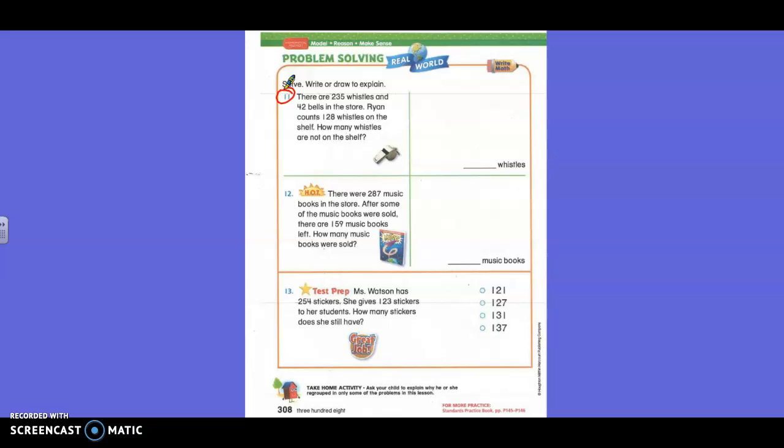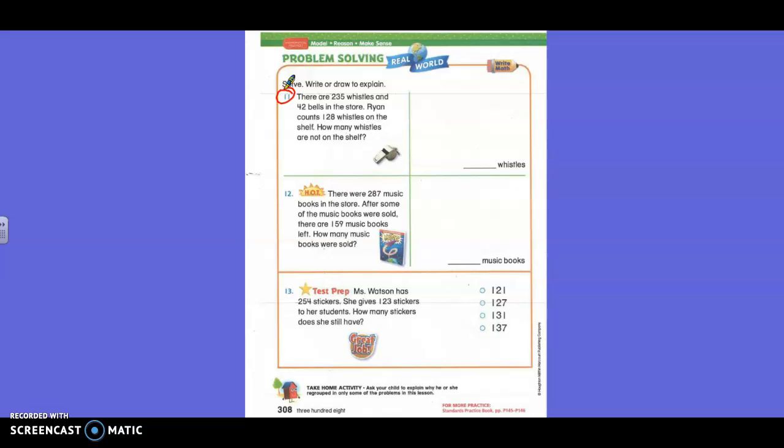So let's figure out on number 11, what information do we not need? There are 235 whistles and 42 bells in the store. Ryan counts 128 whistles on the shelf.